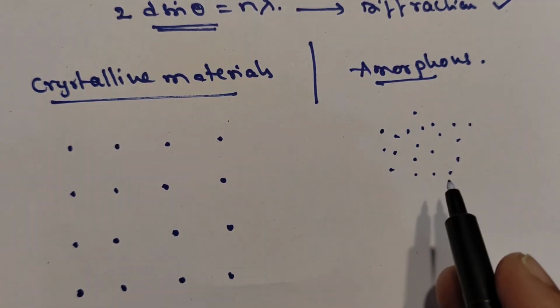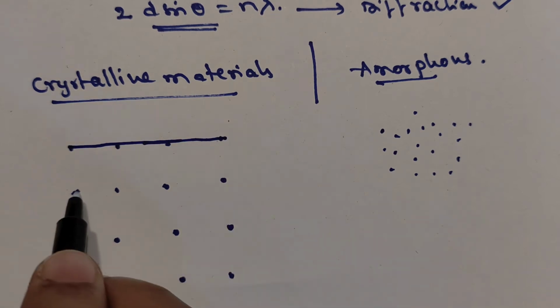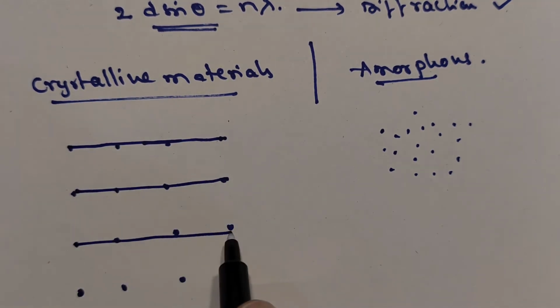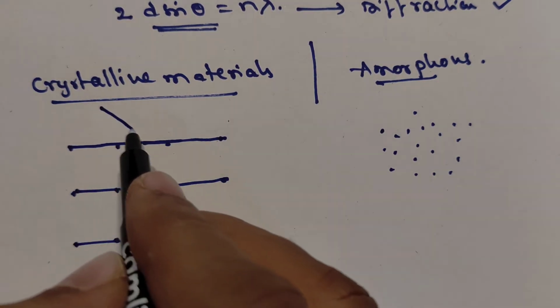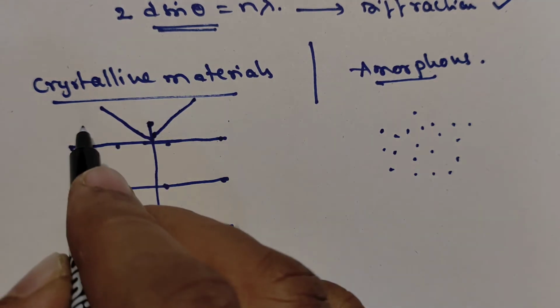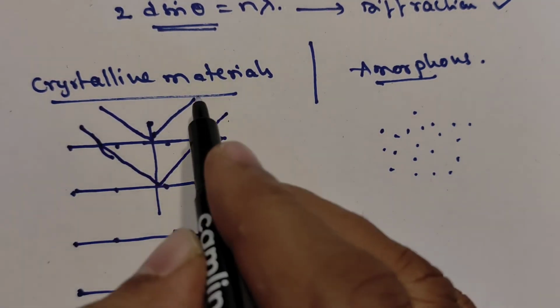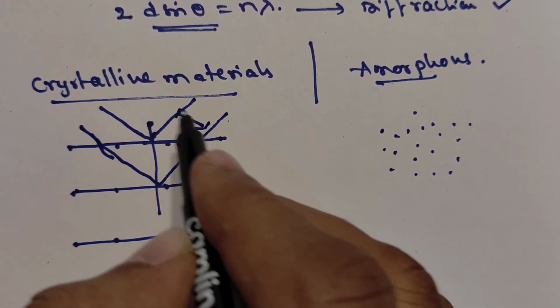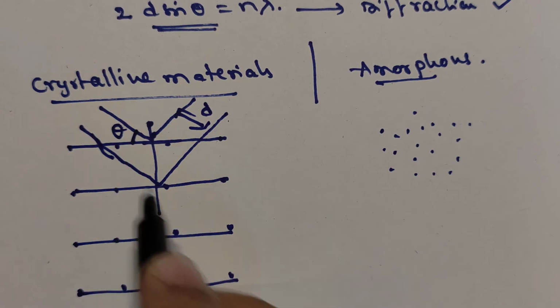Because of the irregular pattern, it is impossible to observe the Bragg's law condition, whereas in crystalline materials there is a possibility to observe Bragg's law. Here this is the interplanar spacing, and this is the glancing angle.